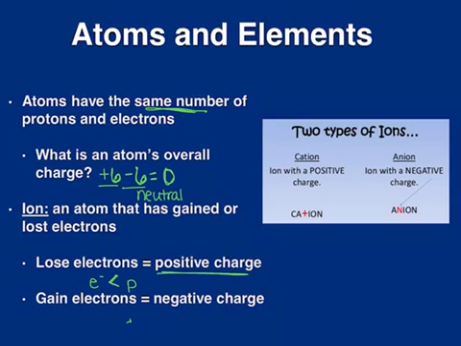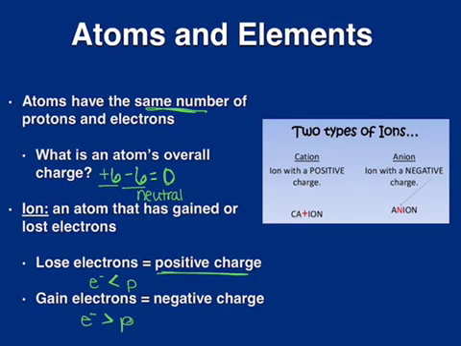If we gain electrons, we have an overall negative charge because we have more negative charges than positive charges. Each of these types of ions gets a special name.